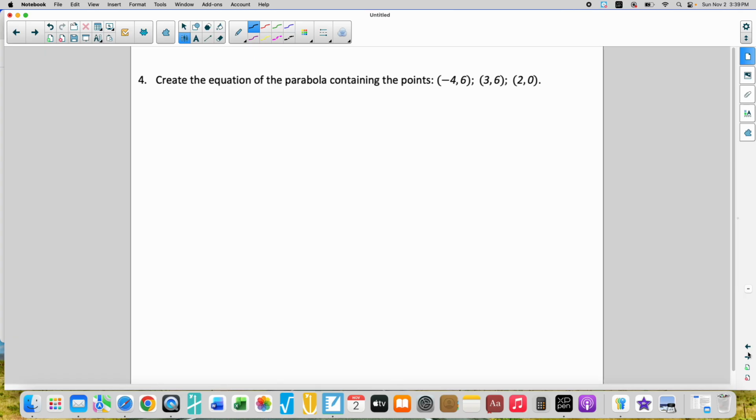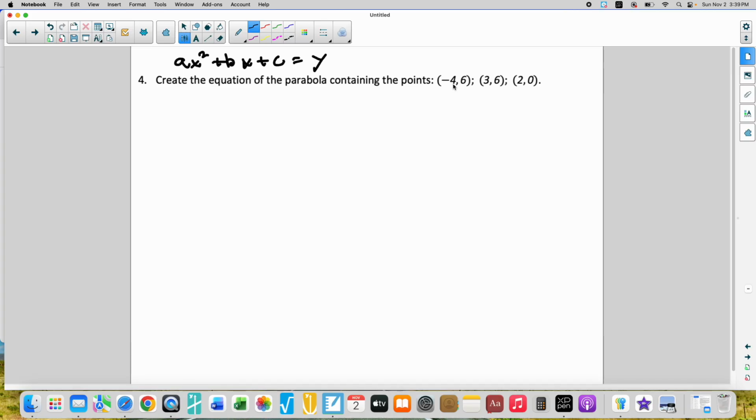Create the equation of the parabola containing the points -4, 6, 3, 6, and 2, 0. Remember, we get the formula ax squared plus bx plus c equals y.